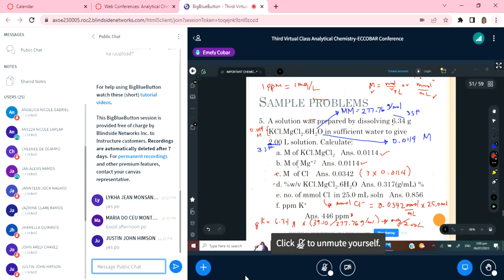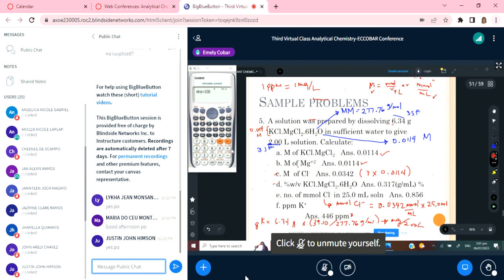0.856. Okay, so calculator na natin. Pakita natin sa calculator. Ang formula ng molarity ay number of moles of solute over volume of solution in liter, o kaya naman, millimole solute over ml of the solution.